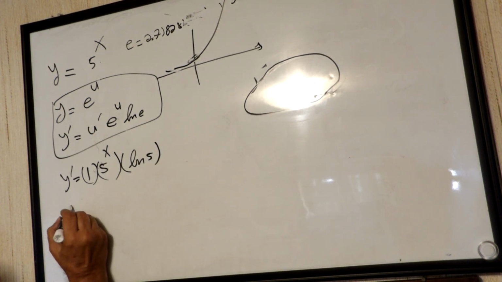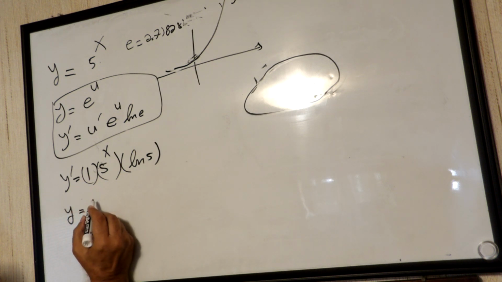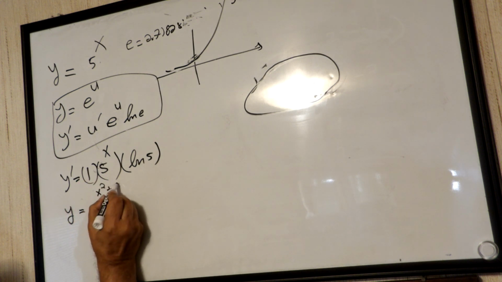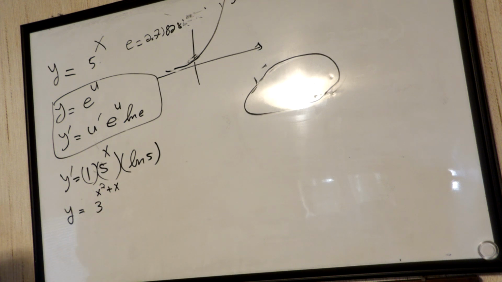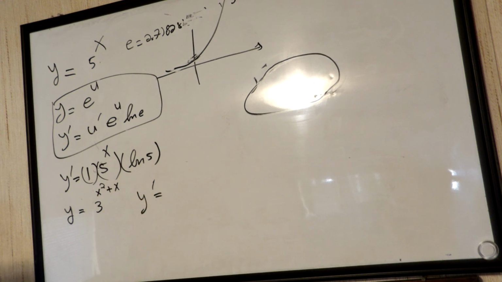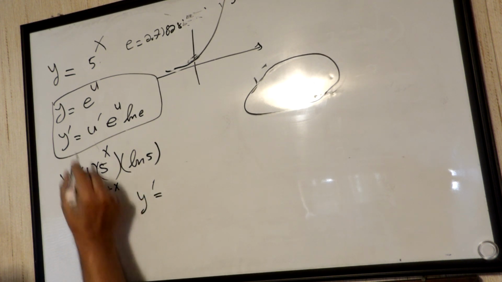Let me give you another example. Y is equal to 3 to the power of x squared plus x. Well, how do you do this? Y prime is going to be, first you get u prime.